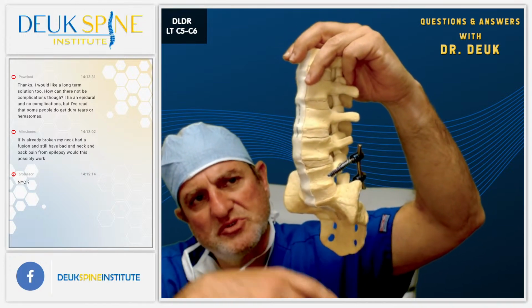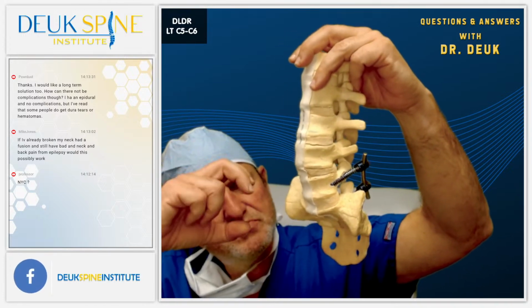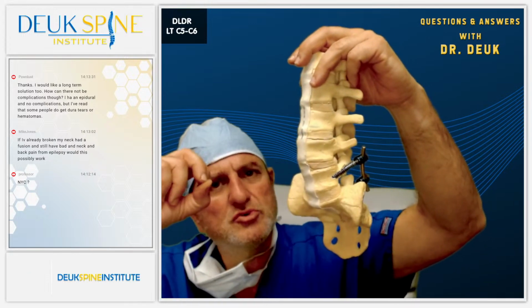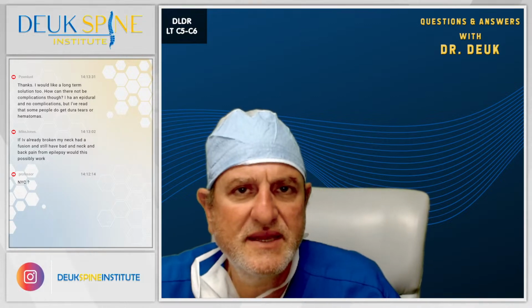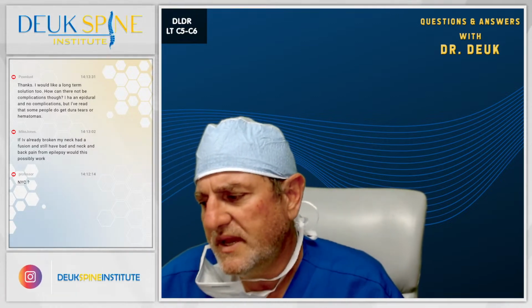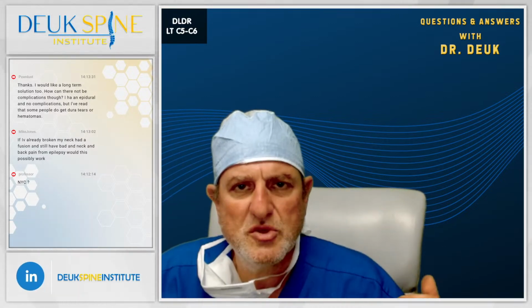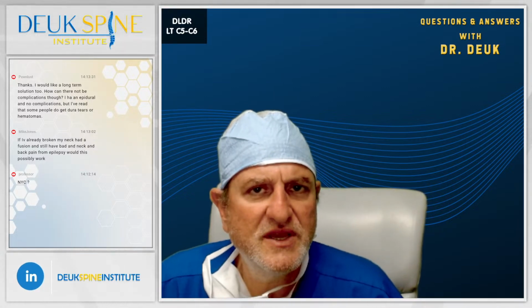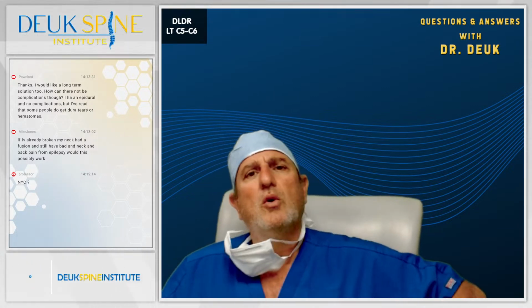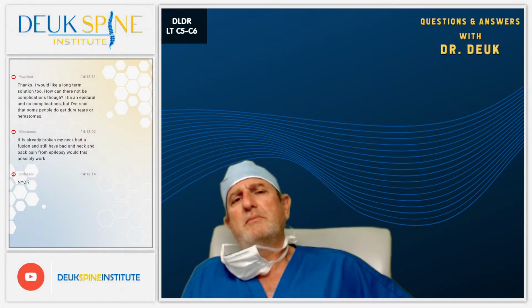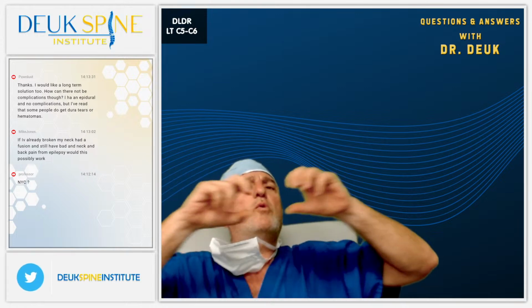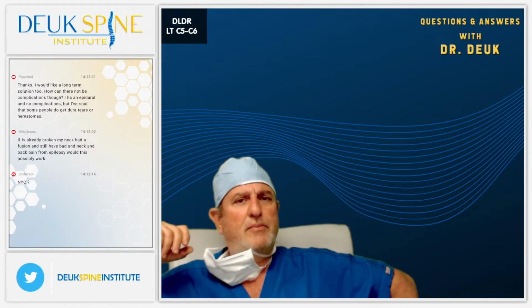Now you have a surface on each vertebra that wants to fuse. Decortication means you're removing the outer surface of the bone, exposing the inner bone called the cancellous bone, or bone marrow. And once you've exposed bone marrow on two bones next to each other, they want to fuse together. That's what's going to happen.